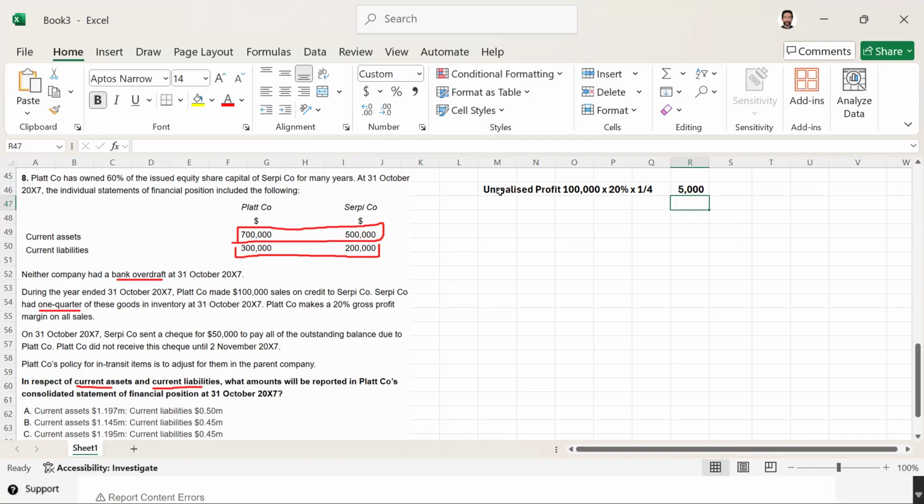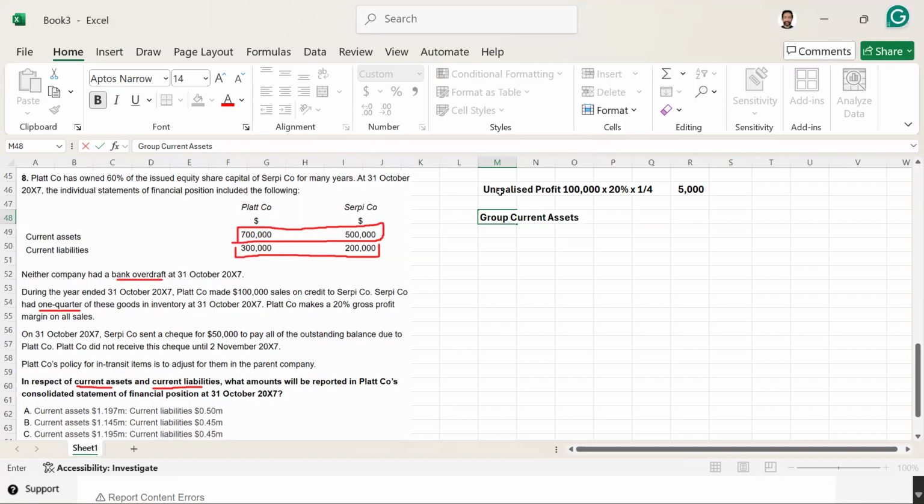Okay, so this is the unrealized profit, and this needs to be deducted from the value of the assets, because we're actually deducting it from the value of inventory. Let's write the value of the group current assets.